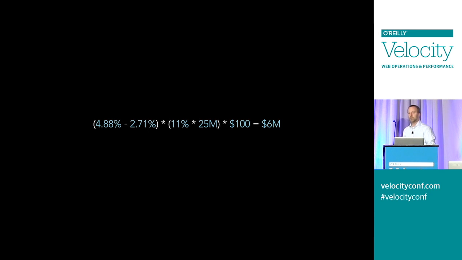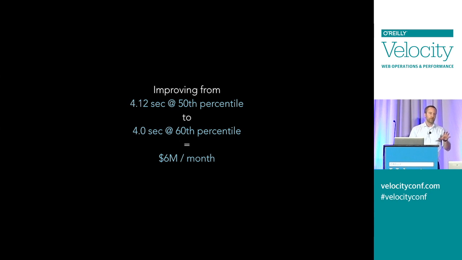So that's pretty cool, right? Because it implies that if you go from 4.12 seconds at the median to just this fairly modest 4 seconds at the 60th percentile, you could increase the revenue over that month and in subsequent months by $6 million. I think what we found is that it creates a pretty compelling call to action.